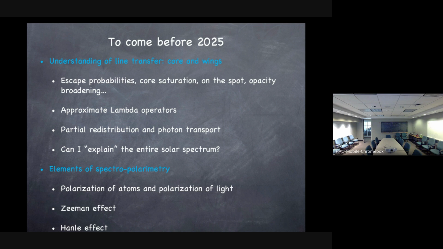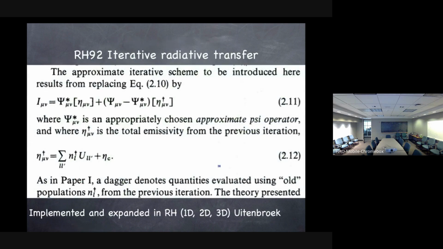So I'm going to finish up here by telling you, well, first of all, before I finish, this is implemented and expanded in RH in 1D, 2D, and 3D. So this is considerably more work that Han did, including molecules and what have you, in the equations of state and all these other things.